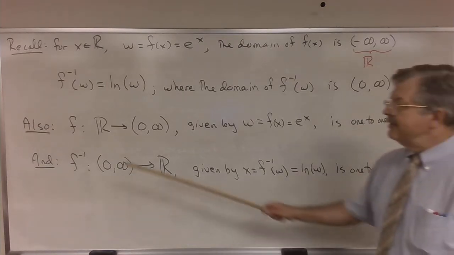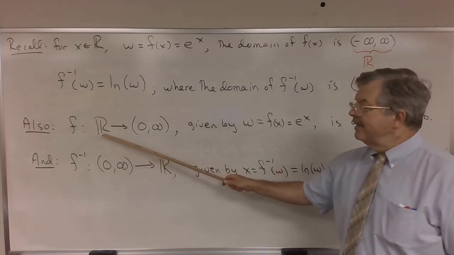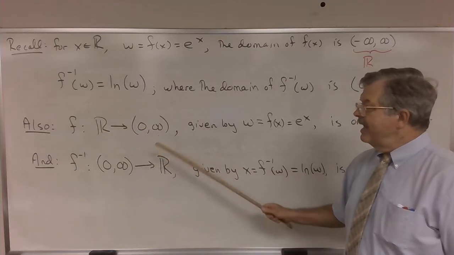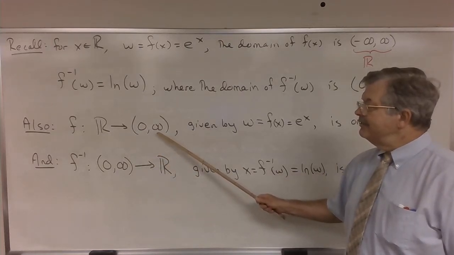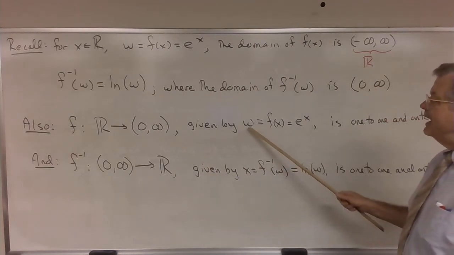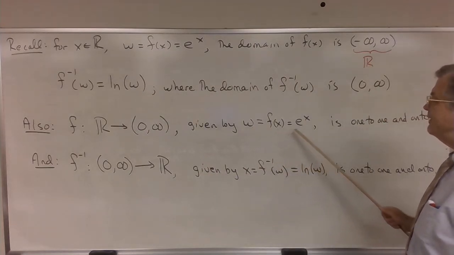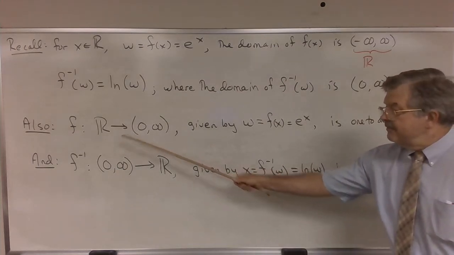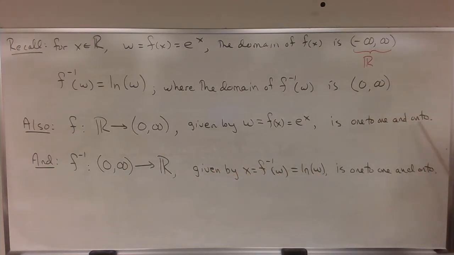Now again, consider the function f, which has as its domain the entire set of real numbers, and its image, the set of positive real numbers, given by w equals f of x, which equals e to the x. This function is one-to-one and onto.